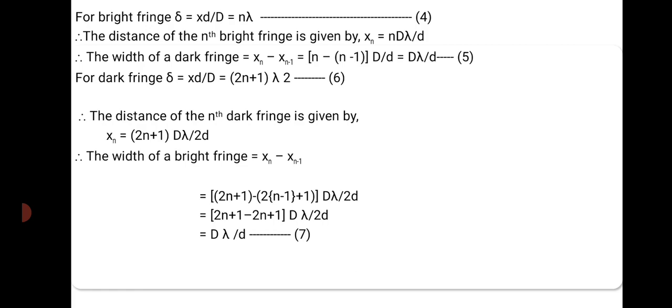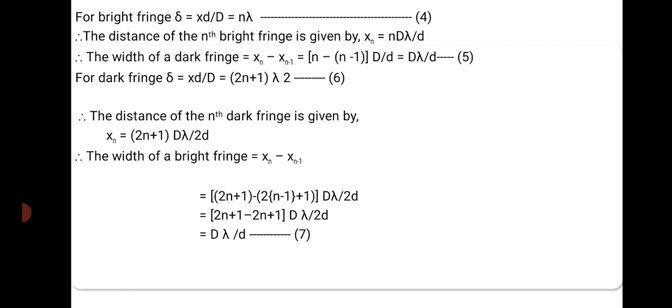For a dark fringe, delta is equal to xd divided by D, which is equal to (2n plus 1) lambda by 2, equation number 6. Therefore, the distance of the nth dark fringe is given by x n is equal to (2n plus 1) D lambda divided by 2d.